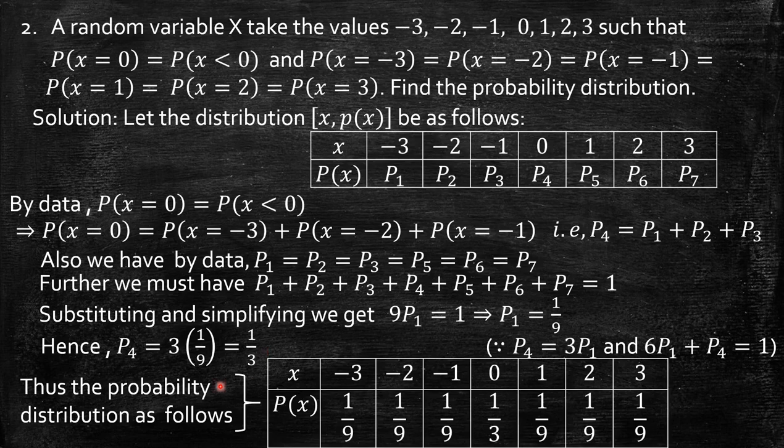So we have the distribution table ready. Corresponding to x, the probability function is 1 by 9, 1 by 9, 1 by 9, then when x equals 0, that is p4, it is 1 by 3, then 1 by 9, 1 by 9, 1 by 9. If you want, you can recheck. All are non-negative, and if you add it once again, that is the reverse process, so the answer should be 1.